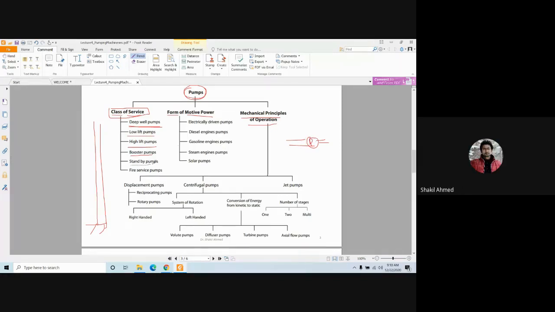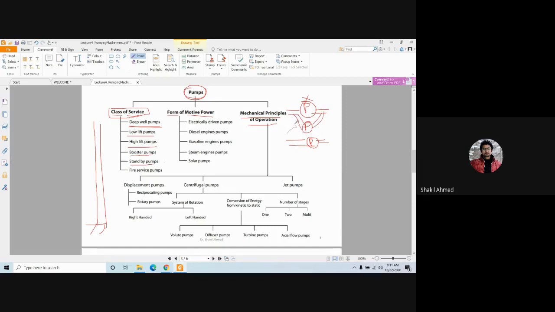Yes, sir. Standby pumps. For example, you have a pump already here, and you also have a backup pump here, because if this pump fails, then you can use the other pump.